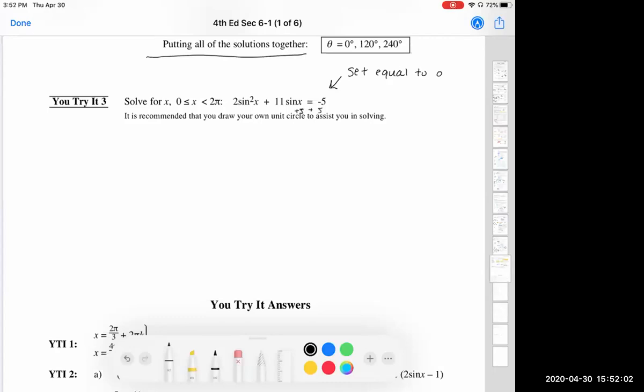So we're left with 2 sine squared of x plus 11 sine of x plus 5 is equal to 0. Okay, now we can go ahead and factor. So go ahead and solve for x, given the equation 2 sine squared x plus 11 sine x plus 5 equals 0. I'll give you 2 minutes.